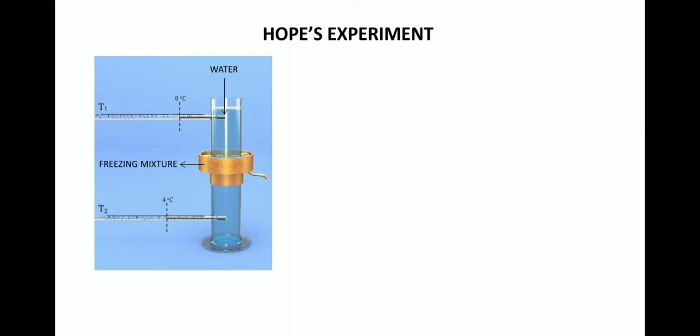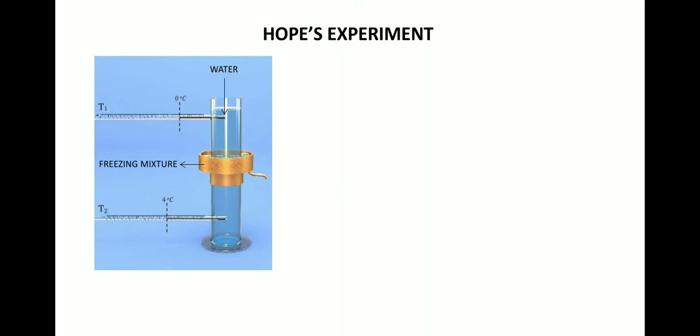So here the readings of the two thermometers are observed. Initially, both the thermometers will show the same temperature, which will be the room temperature. Then slowly the temperature recorded by thermometer T2 will start decreasing, and finally it will become steady at 4 degrees Celsius.